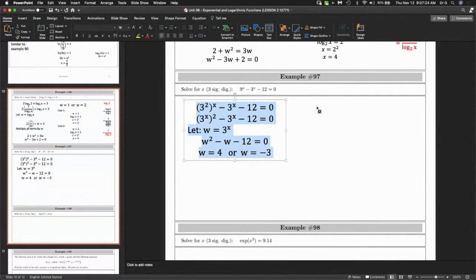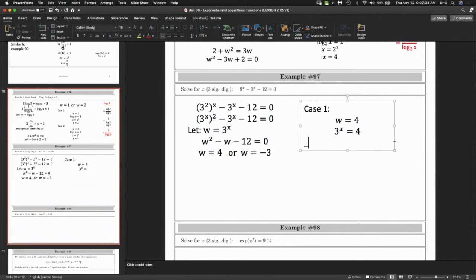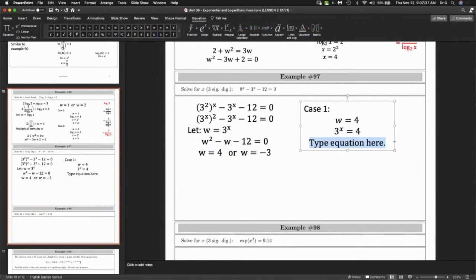Let's take a look at case 1. If w equals 4, we get 3 to the x equals 4. That one is not nice. That's not something that you could guess, because 4 is not a power of 3, that is an integer. So let's use logarithms.